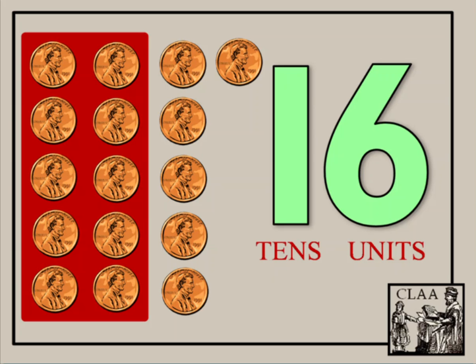The number 16 is made up of one set of 10 and 6 units more. So we write a 1 in the tens place and a 6 in the units place, and this gives us the number 16. 10 and 6 makes 16.